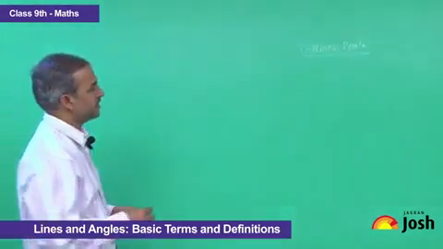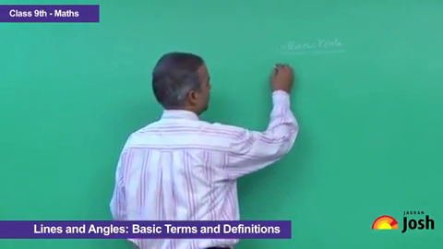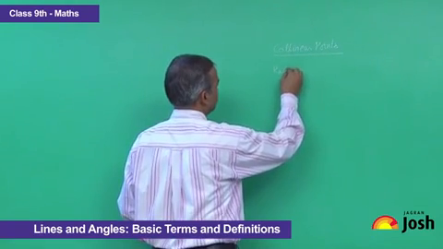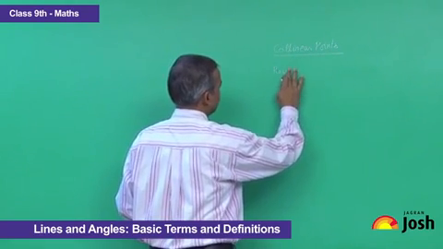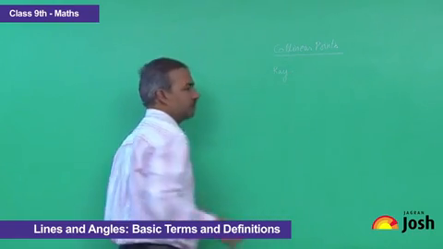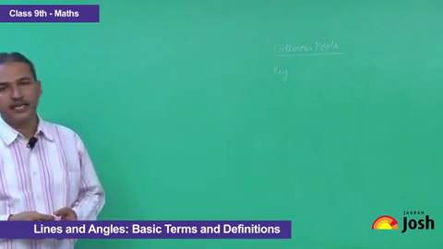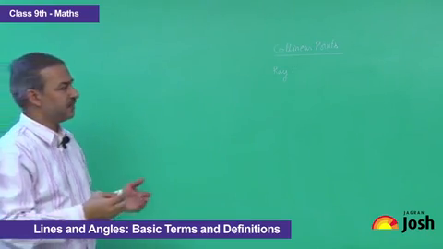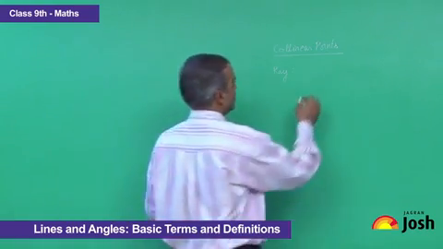The second is a ray. Ray is a part of line which has got one endpoint and can be extended indefinitely on one side.